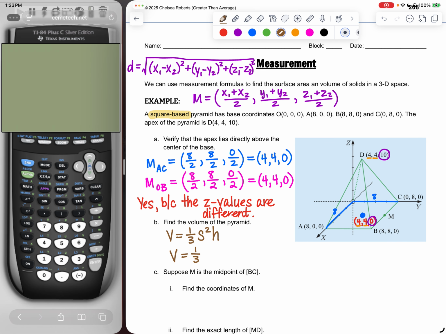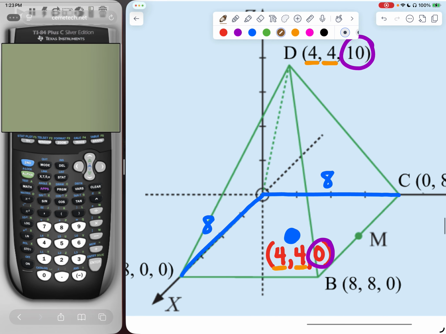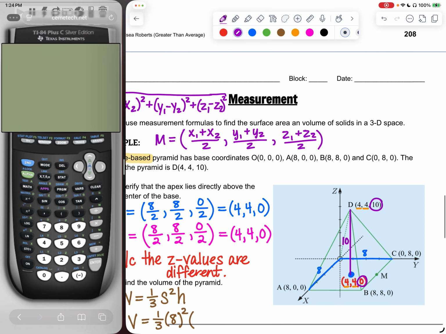So we have to substitute in 8 for the length, and then we have to substitute in the height of the pyramid. And the height of the pyramid, remember, is referring to going from the top of the apex down.